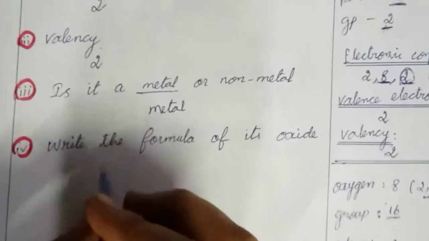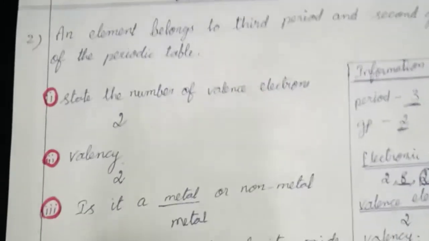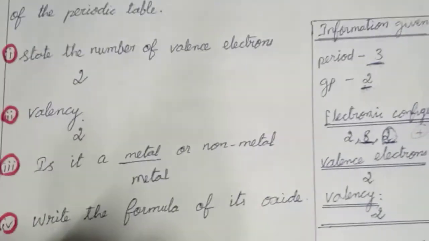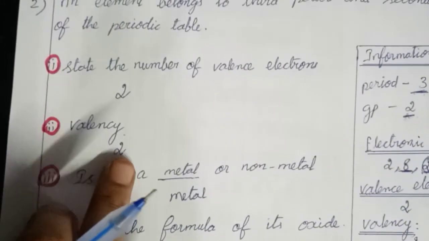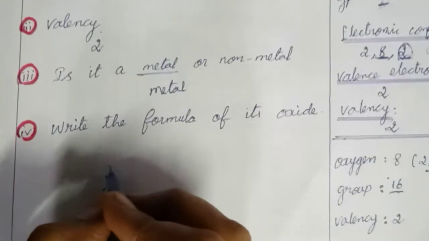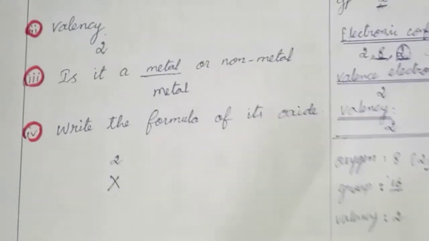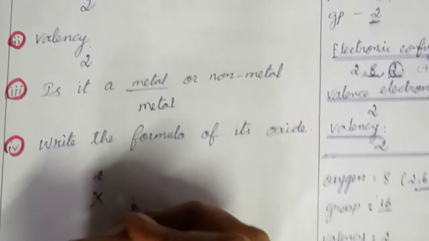Then write the element. That element is not mentioned, so we simply write X. What is the valency of X? Here we identified the valency as 2, so write it on the top of X. Next, oxygen.